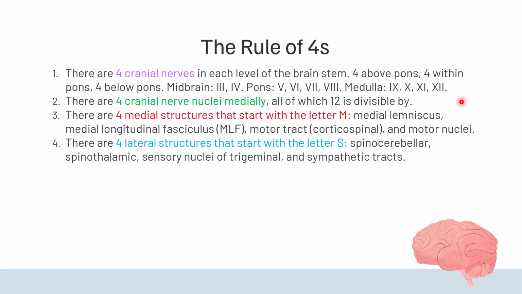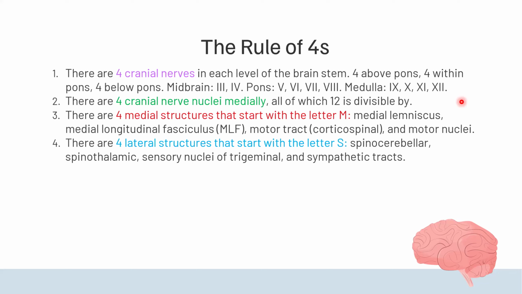The last of our rule of fours is that we have 4 lateral structures, all that start with the letter S. So we will have our spinocerebellar and spinothalamic. Then we would have our sensory nuclei, specifically of trigeminal, it's always lateral, and the sympathetic tracts that run on the lateral aspects of the brainstem.